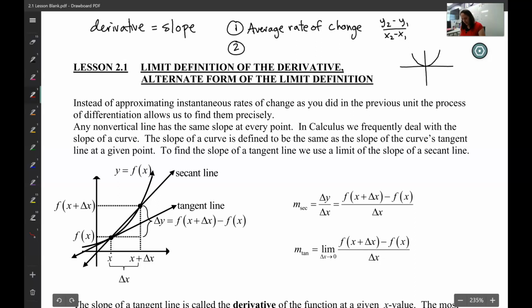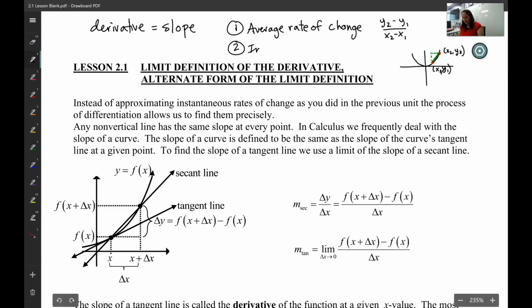I am taking 2 points. This one is x1, comma, y1. This one is x2, comma, y2. And I am subtracting them to find the average rate of change between those 2 points, or the slope, the rise over run between those 2 points. That's what this slope is.